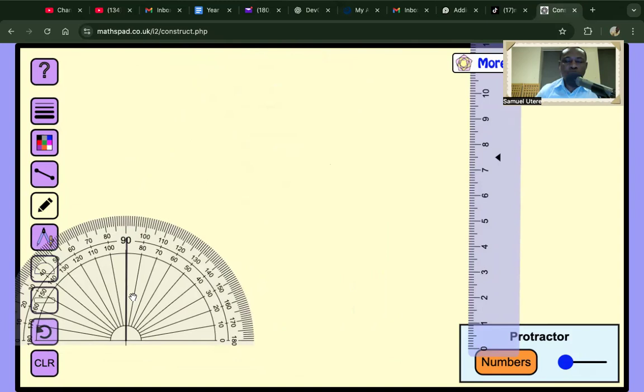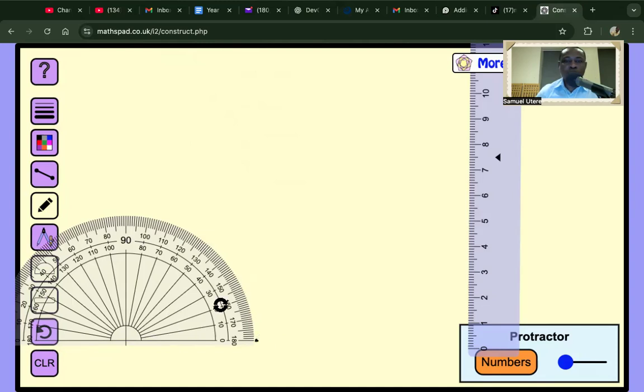So I'm going to place the crosshair of the protractor there on that mark. Now, I want the mark to be there. In fact, I can use the pencil to draw from there. That's not what I want. To draw from there. And then I would mark. Oh, that's not going to work. So let's mark the point there.